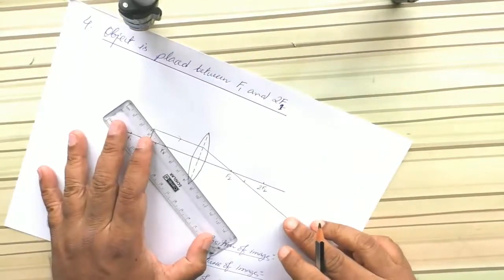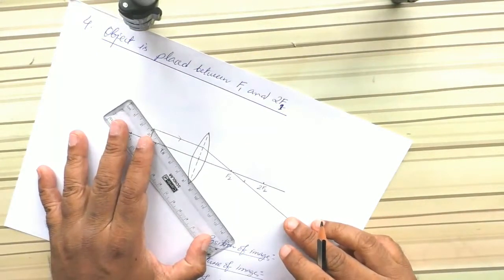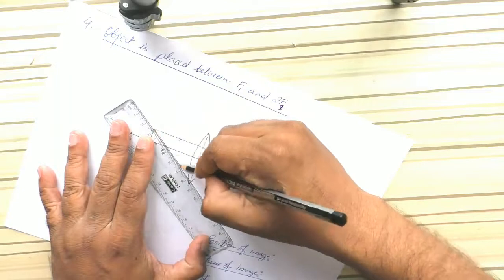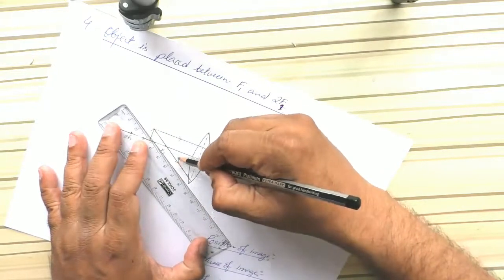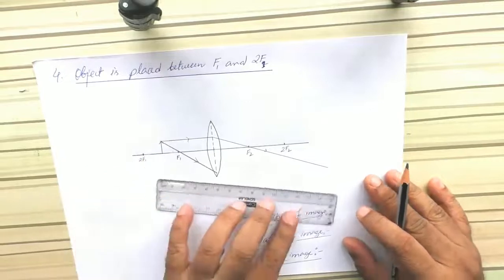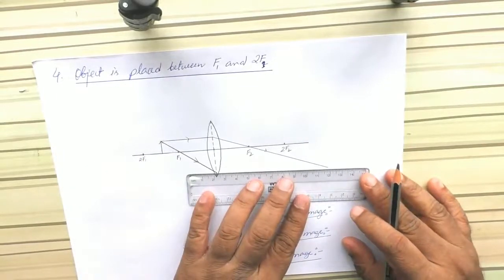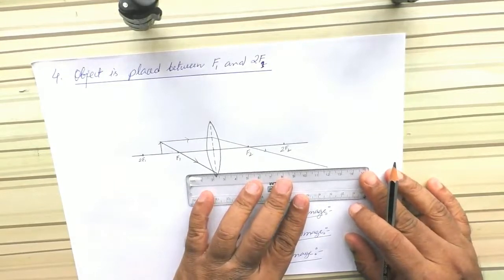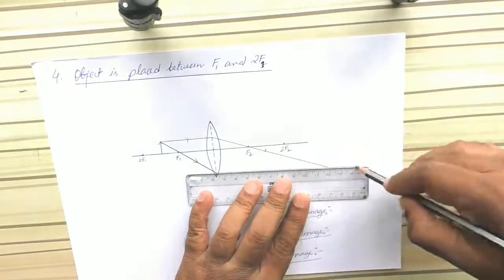And if a ray of light passes through focus and falls on the convex lens, after refraction the light ray becomes parallel to the principal axis.